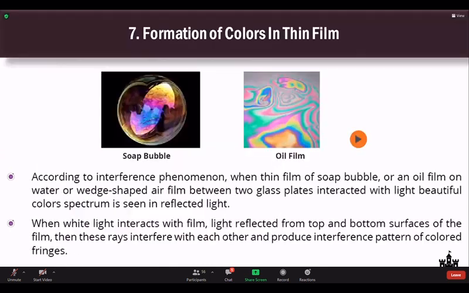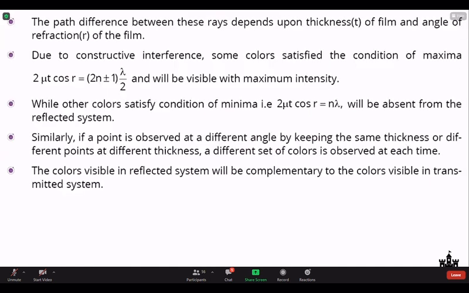Then yesterday we saw the formation of interference in thin films. Here is the example of a soap bubble, an oil film. Bright colors are observed whenever there is constructive interference, and dark or no color is observed because of destructive interference.